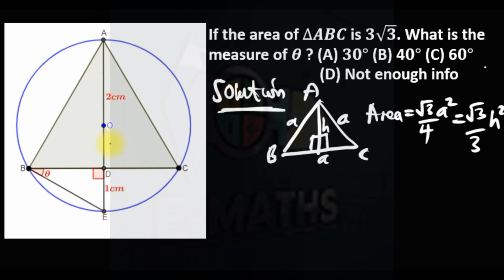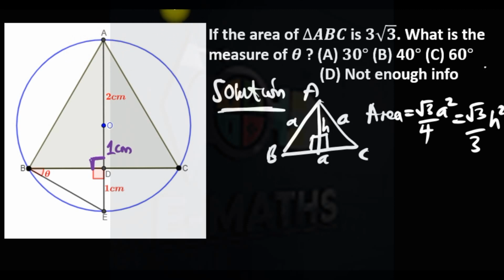So if here is 1 cm, this should be 1 cm. Do you get? Because it's 2, so 2 minus 1 is 1. And meaning that the height, because as you are seeing a perpendicular, so the height is 3.